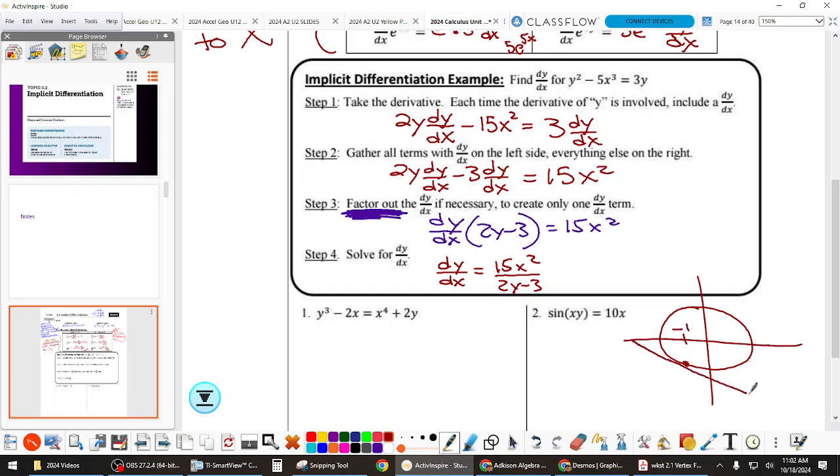Well, we're going to have a tangent line there, but also a tangent line there. Okay, so we'll do a problem like that in a minute, but if we wanted to find the slope, we'd have to plug in an x and a y of both of those points, since these are implicitly defined functions.